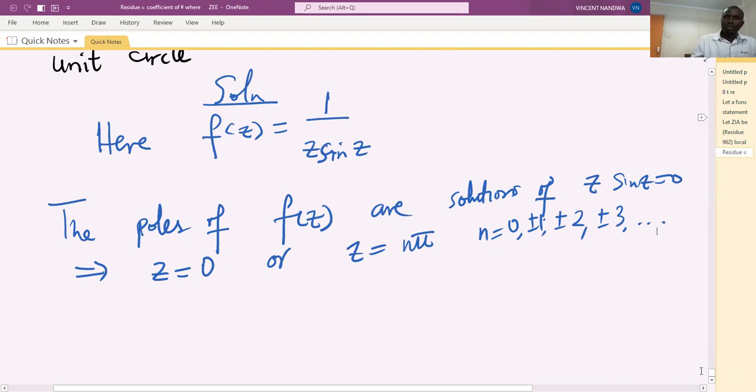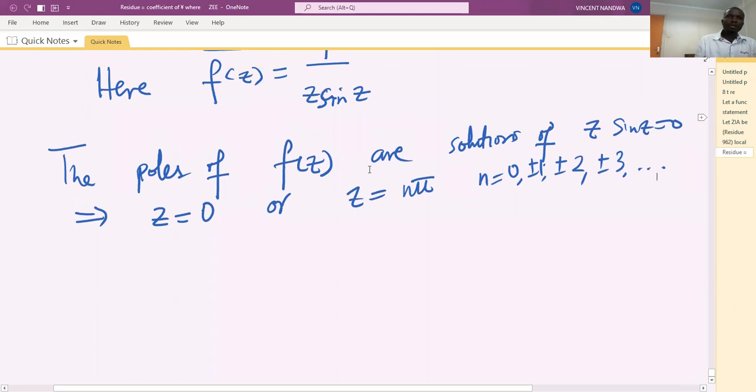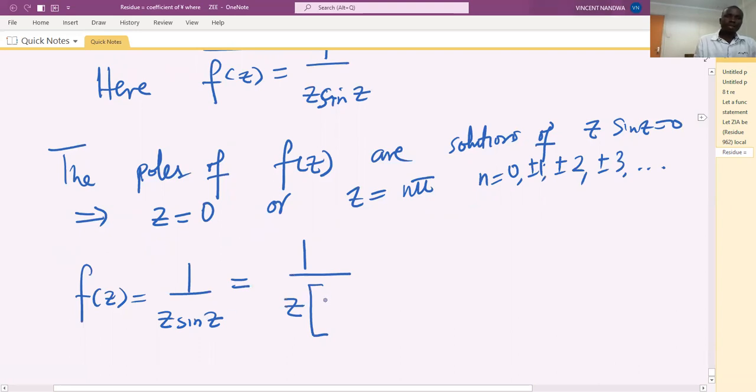Now let's see how to play with this function. f of z is 1 over z sine z, which can be written as 1 over z into, so we write sine z as a series, z minus z cubed over 3 factorial plus z power 5 over 5 factorial minus z power 7 over 7 factorial plus other terms.